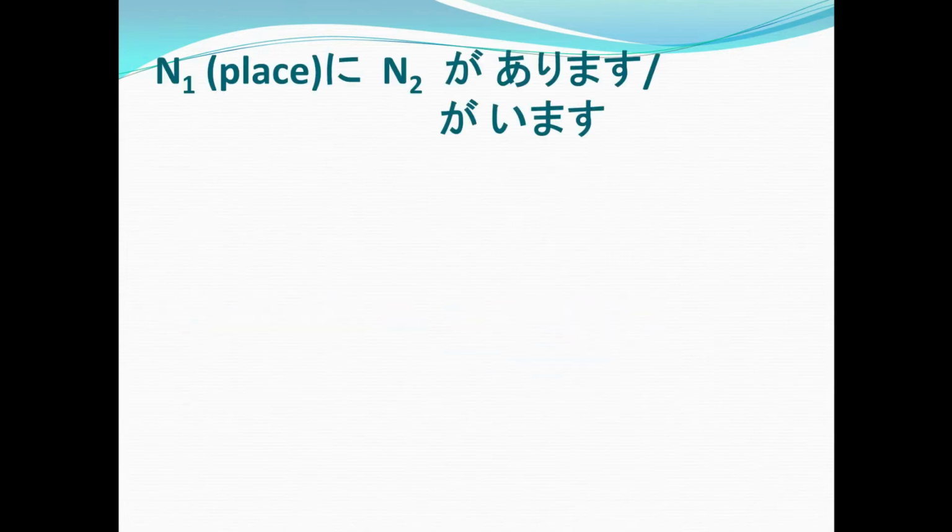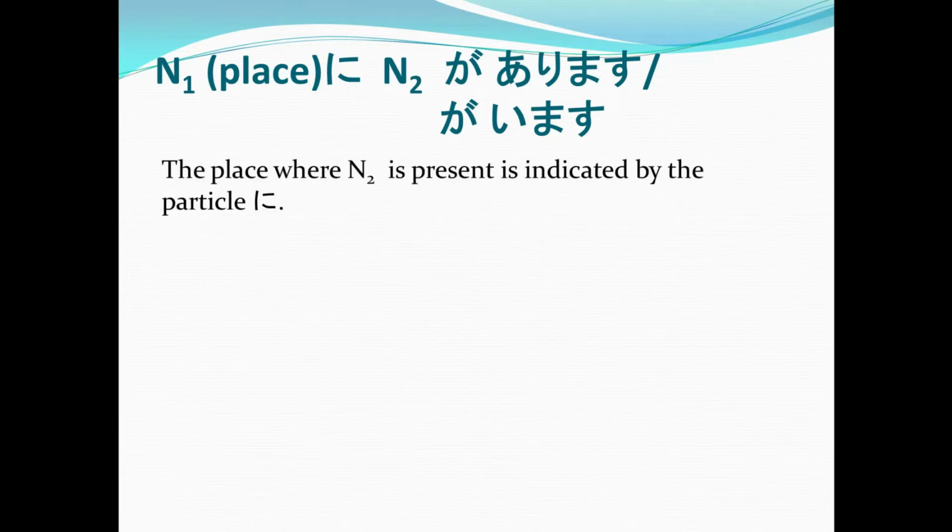Now, the next sentence pattern would be noun 1, which is a place, ni, noun 2 ga arimasu, or ga imasu for animate.